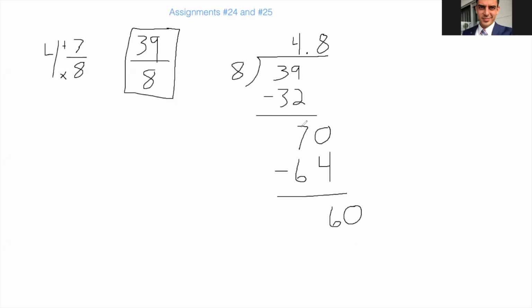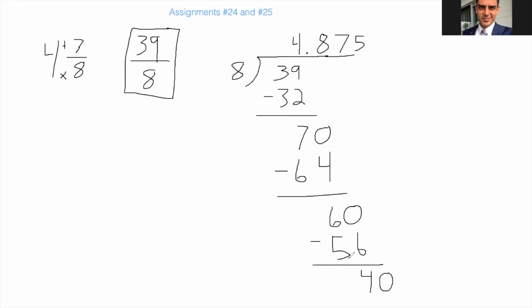So 8 goes into 60 how many times? And that'll be 7. So 7 times 8 is going to be 56. Subtract that. So then we're left with 4. And then we would add another 0. And then 8 goes into 40 5 times.